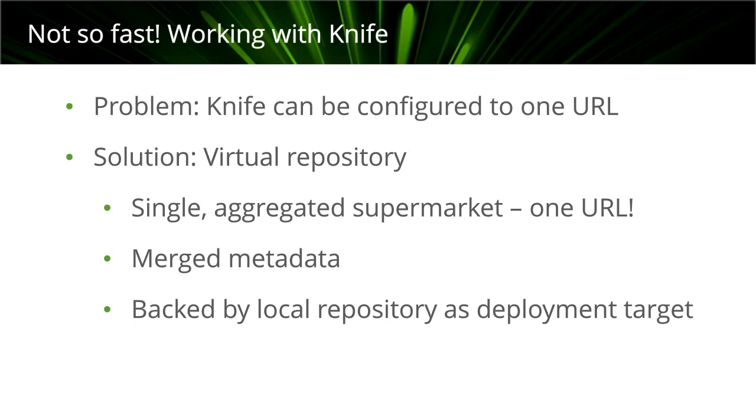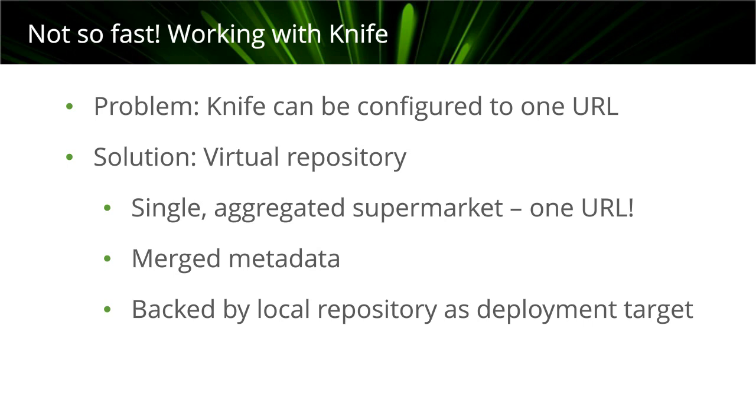Knife is a very nice client for working with supermarket, although there are a couple of limitations. The first of them is that Knife can be configured to work with a single URL when it performs the operations. You can specify the URL for each and every command, which then you can of course use different URLs for different commands, but it's kind of tedious.